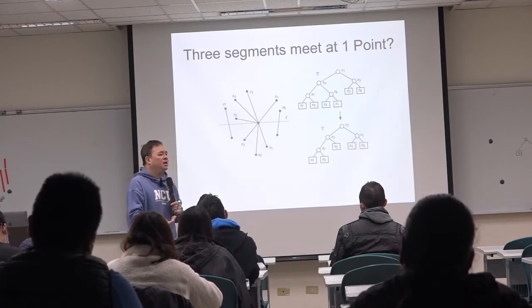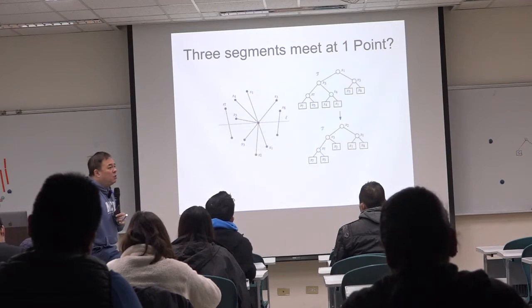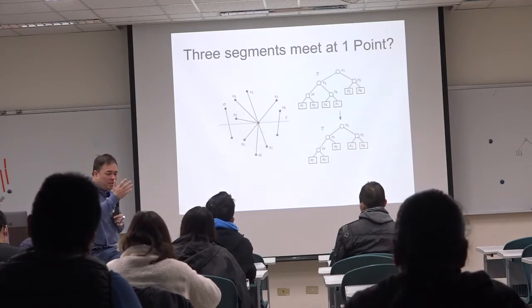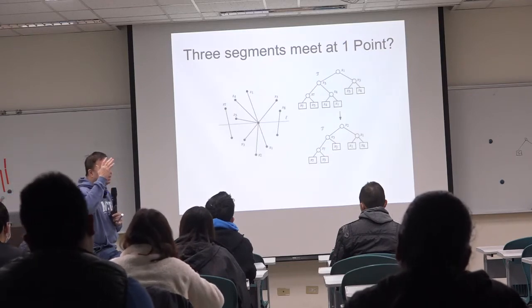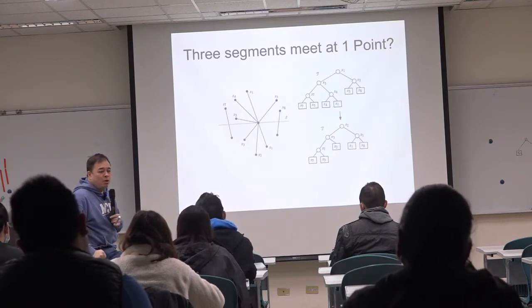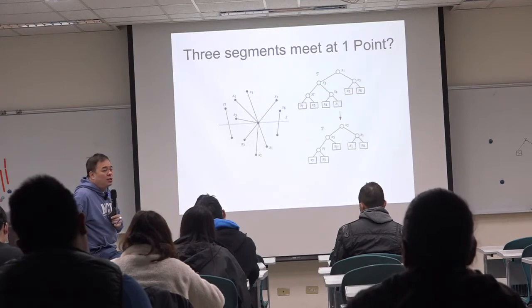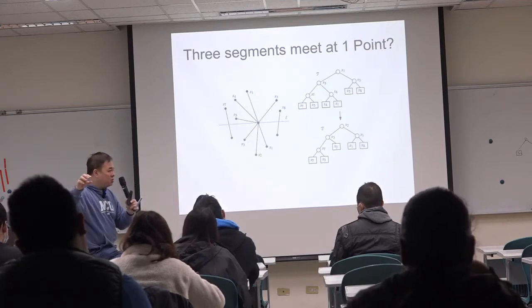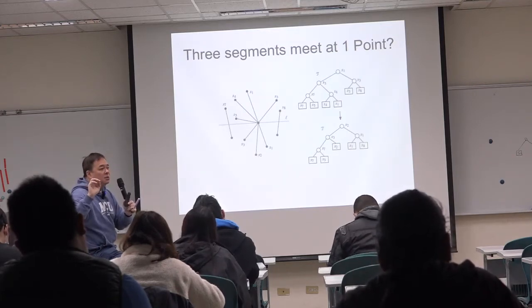Or put it in a more general case: if you have more than one event point that has the same y coordinate value, which one should we handle first? If they have the same y coordinate value, we'll handle them based on their x coordinate value, from left to right.